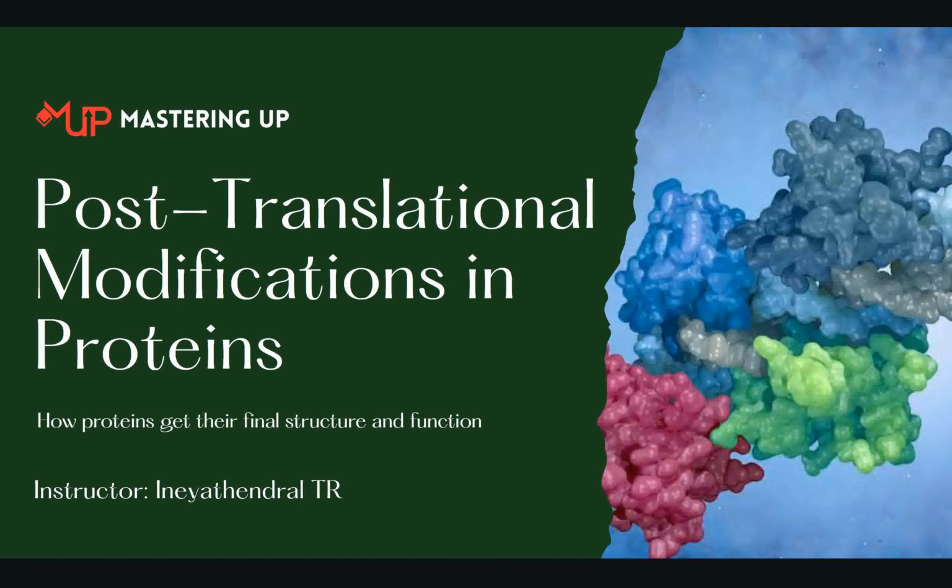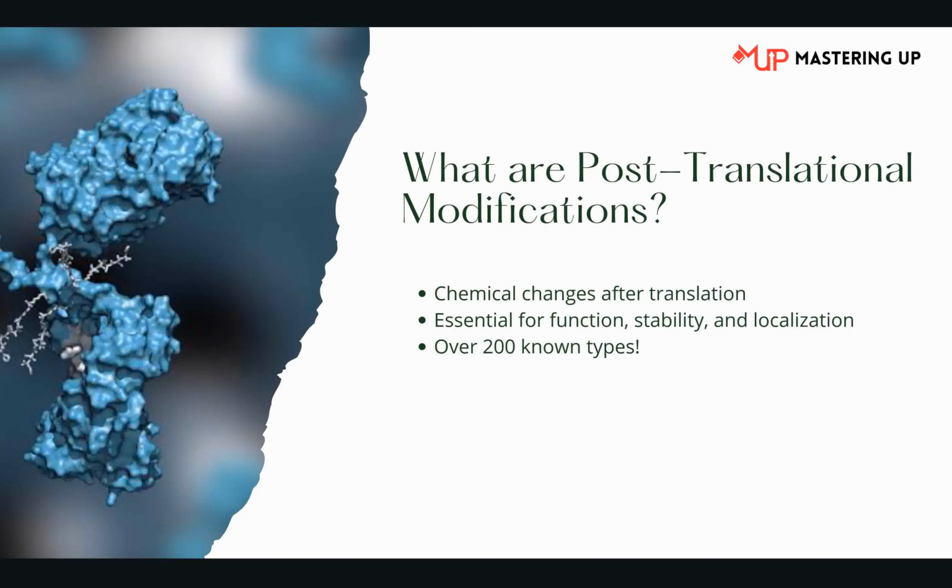So let's begin with what post-translational modifications are. After a protein is made through the process of translation, it doesn't always function right away. It often requires further chemical changes.